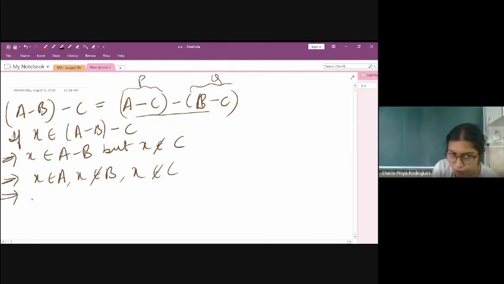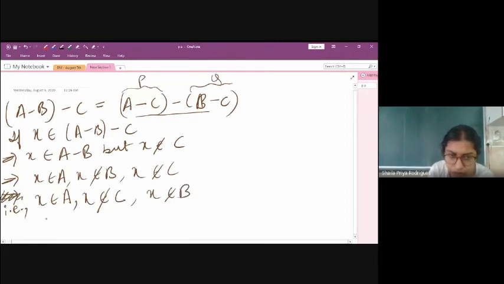Okay, so we have x belonging to A, and then we have, I'll rewrite this, x not belonging to C. This implies the same step rewritten. The x not belonging to B, I'll write over here.